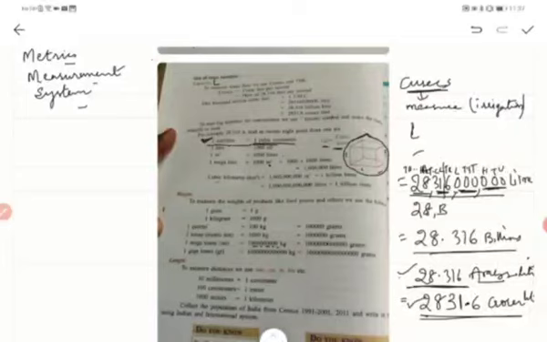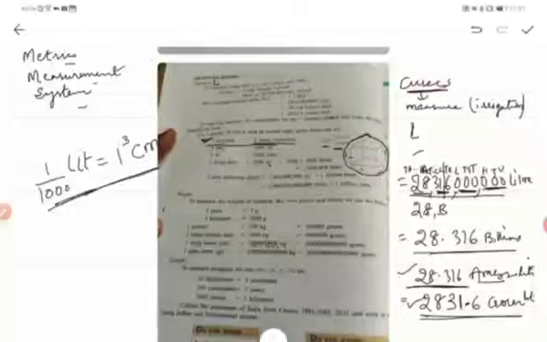So 1 milliliter, milli is what, 1000th of a liter, is equal to 1 cubic centimeter. So 1 cubic centimeter of the cuboid, this capacity is equal to 1 milliliter.